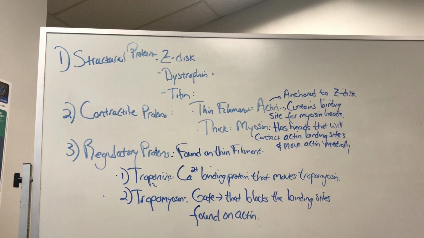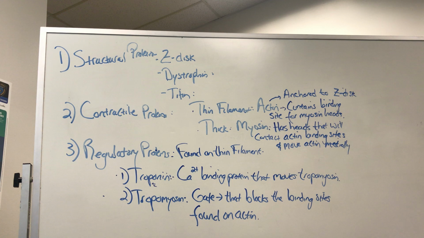If we allow them to interact, they will contract. The myosin head is always ready to go. As long as you're alive, the myosin head is already cocked and ready to go. If we didn't have tropomyosin, you'd keep contracting that muscle over and over again, right? Because you have so many ATPs in your muscles.